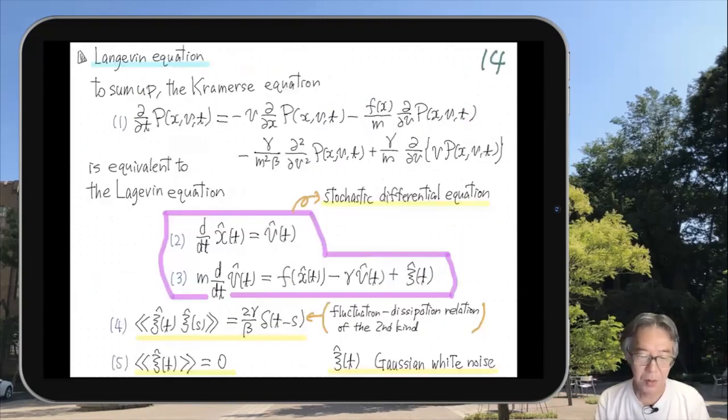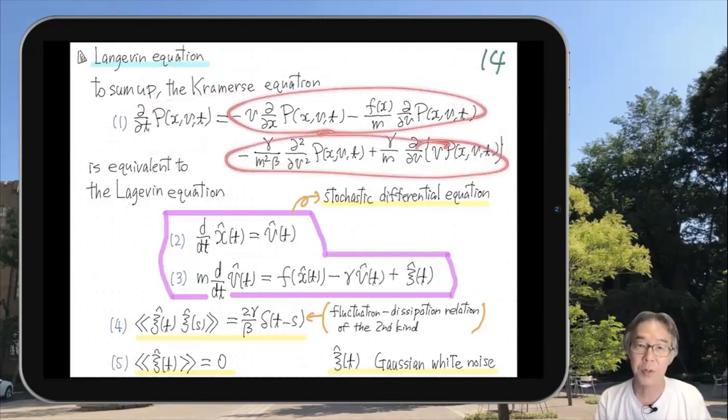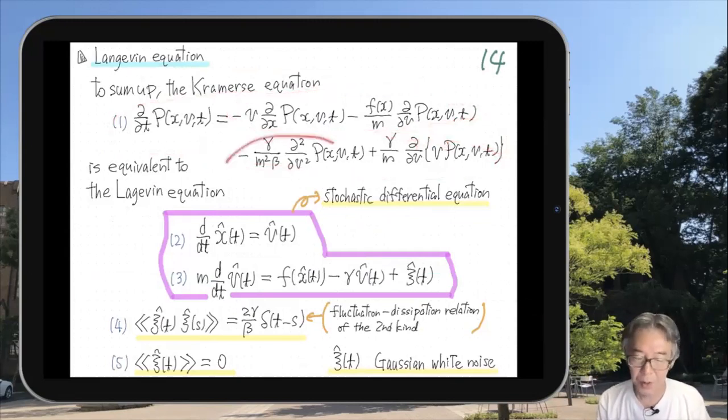Okay, so now we know what this xi is basically. And so now we can write down the final answer. To sum up everything, the Kramers equation with this deterministic part and this part coming from collisions with water molecules is equivalent to this equation, which is called the Langevin equation. And okay, this is the main part.